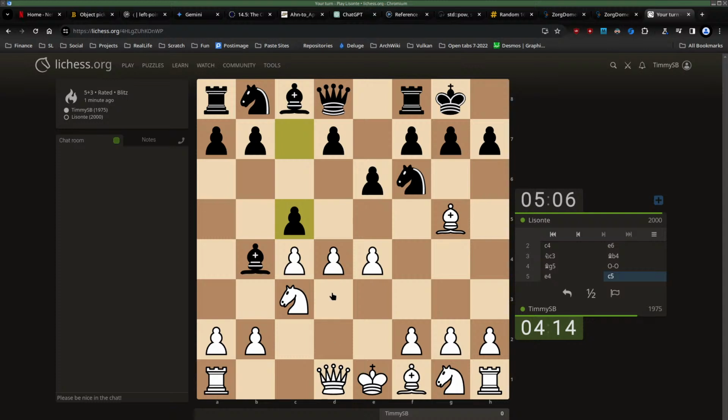Or here even. Oh, he takes. I have to take with the queen, and the knight comes, forking my pawn and my queen. And I can't really go anywhere without giving away my pawn then. Is that true? No, because the pawn is here. I could go there, for example.